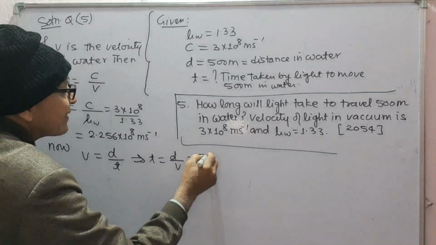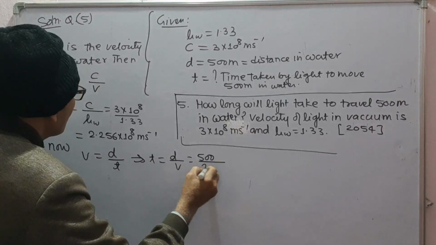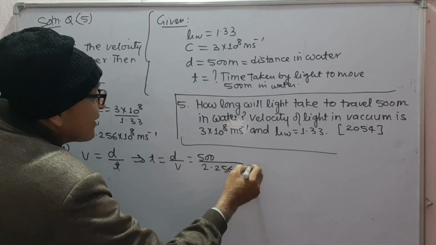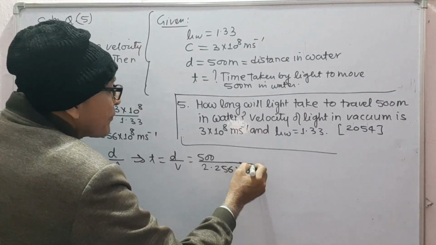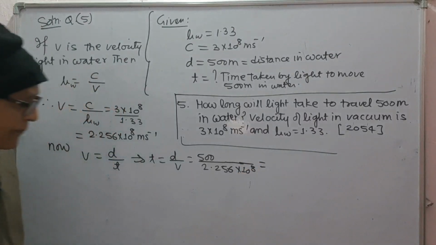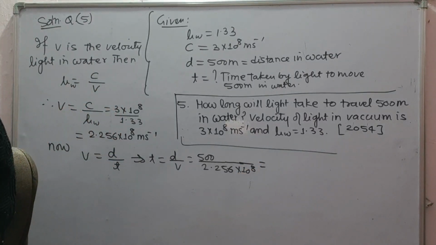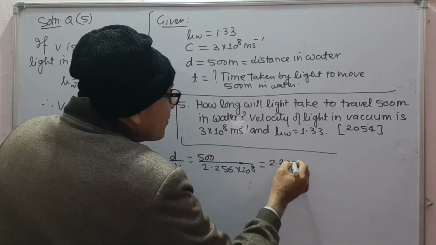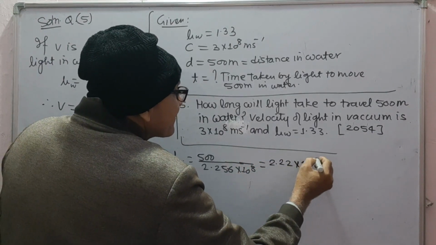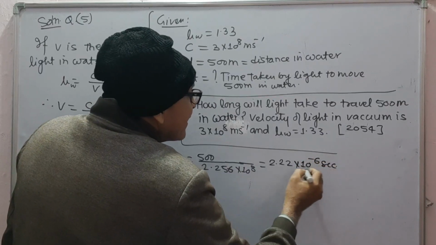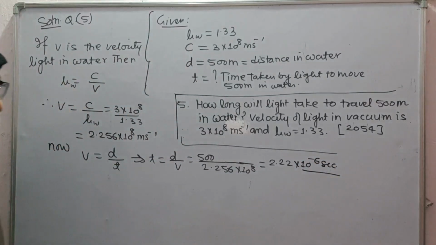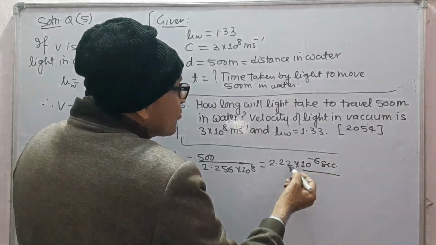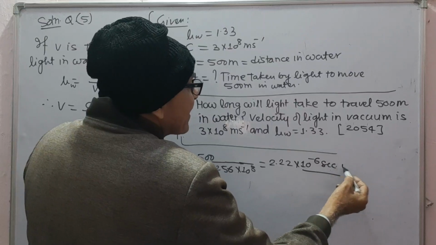D is 500 meter and v is 2.256 into 10 to power 8, which gives 2.22 into 10 to minus 6 second, and as we know 10 to minus 6 is known as micro, therefore it can be written as 2.22 microsecond.